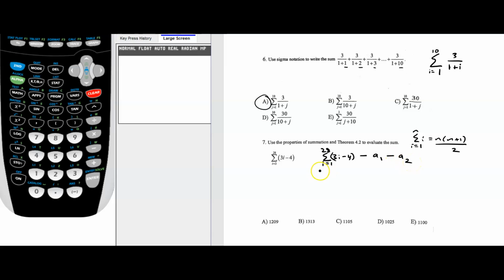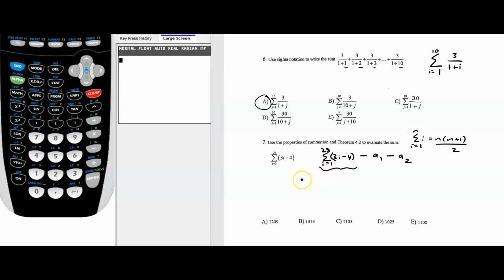So you could do the sum of 3i minus 4 from 1 to 28, and then take off a1 and a2, and that's going to give you the same thing that you would get if you do it from 3 to 28. The reason it's helpful to do this is because those properties of sums were based upon i going from 1 to n.